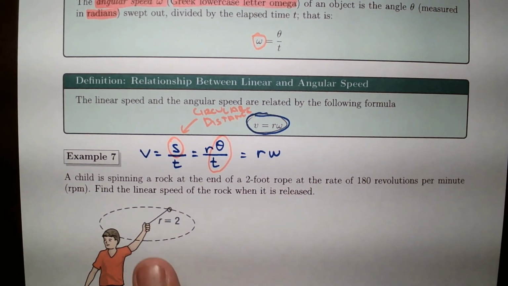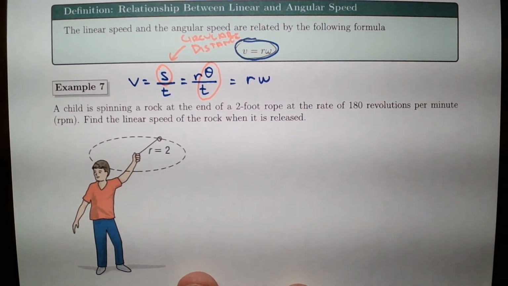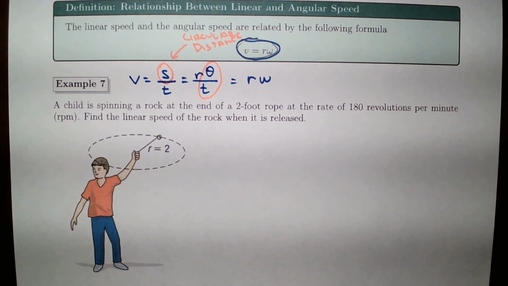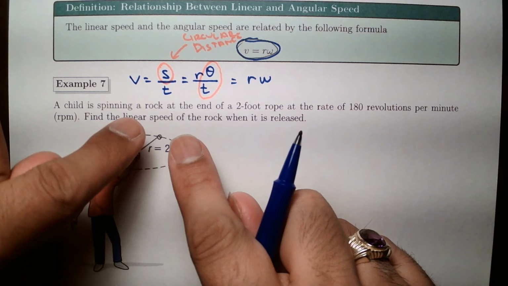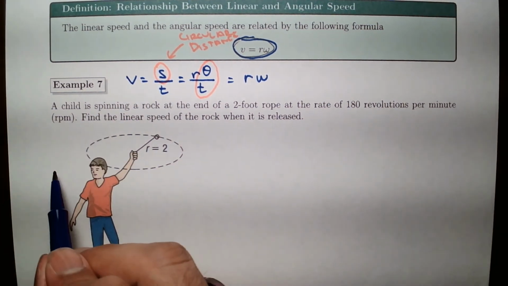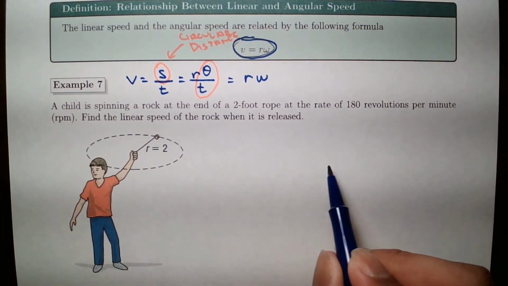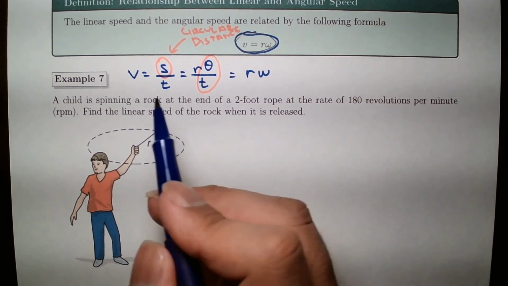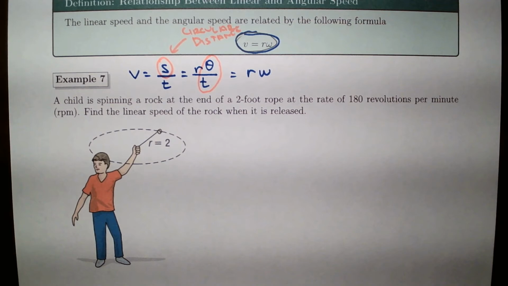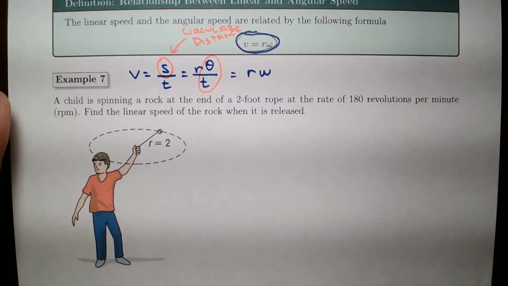All right, let's look at this word problem. A child is spinning a rock at the end of a 2-foot rope at a rate of 180 revolutions per minute. Find the linear speed of the rock. The question is, what would be the speed of the rock if it was moving in a linear motion instead of a circular motion? So let's write down the formula.